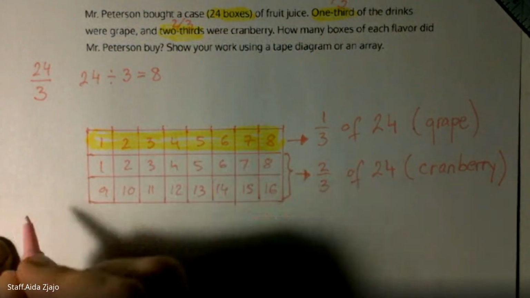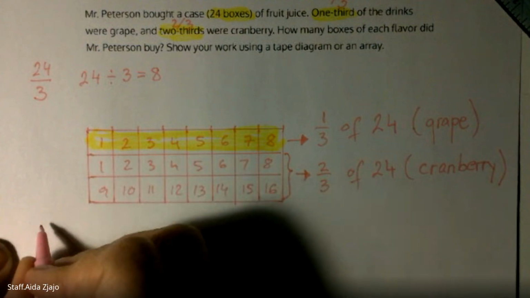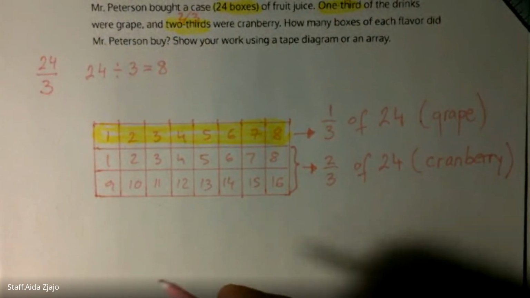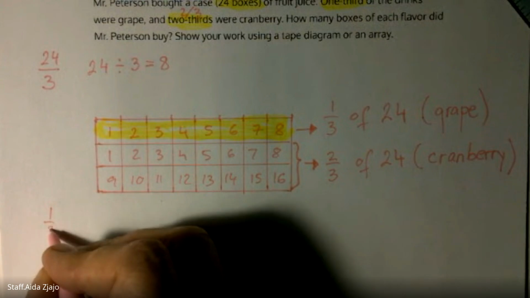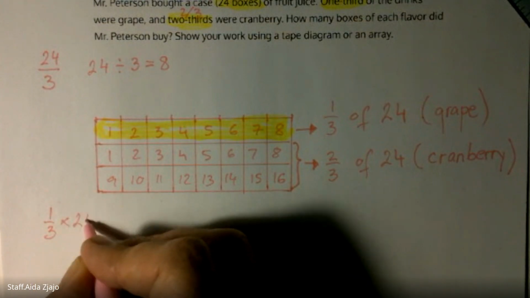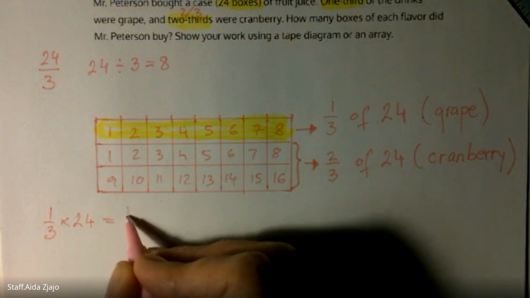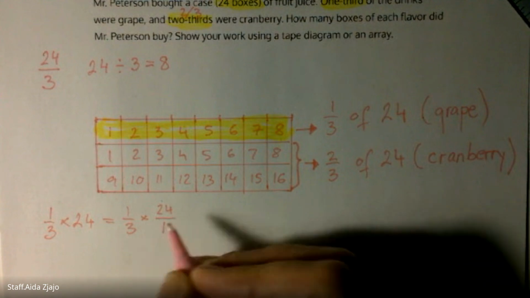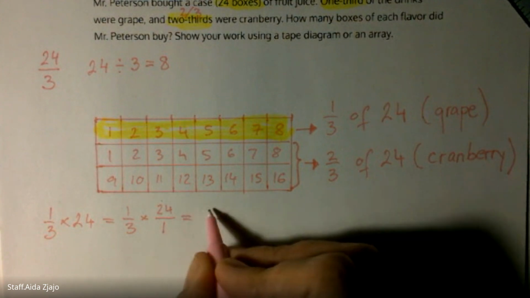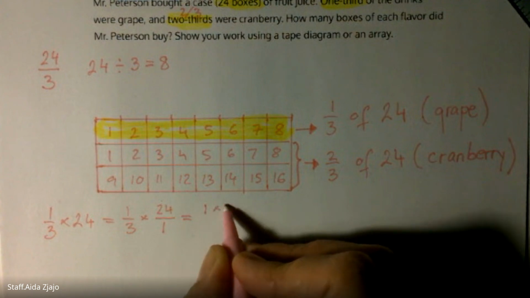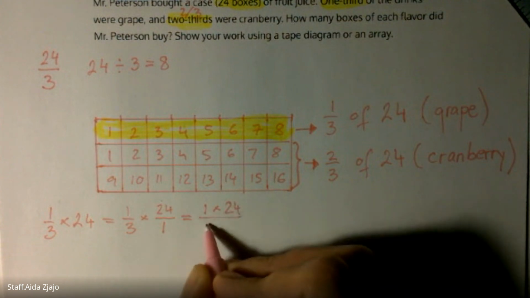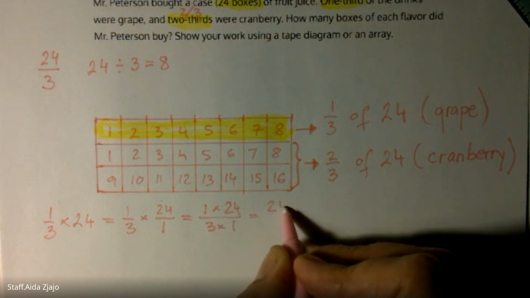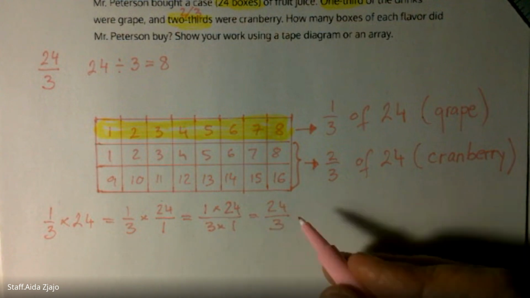So grape, if I do it mathematically or algebraically, I can say, okay, 1/3 of 24 equals 1/3 times 24 over 1. That makes numerator times numerator, denominator times denominator, and I will get 24 divided by 3.